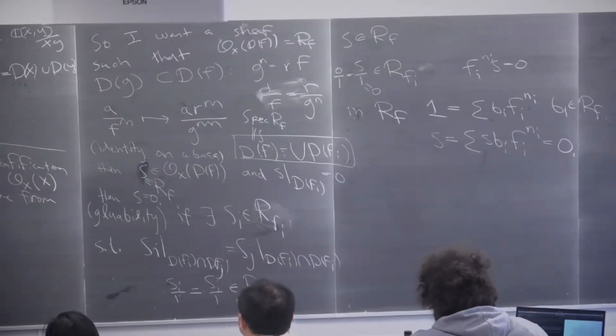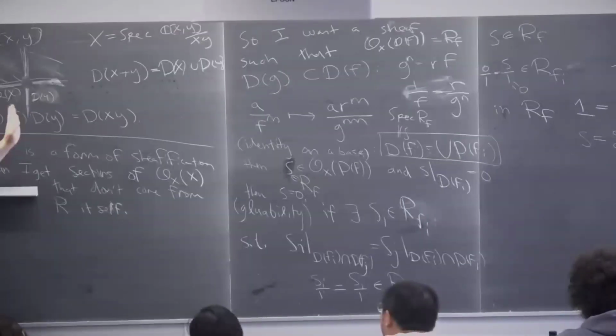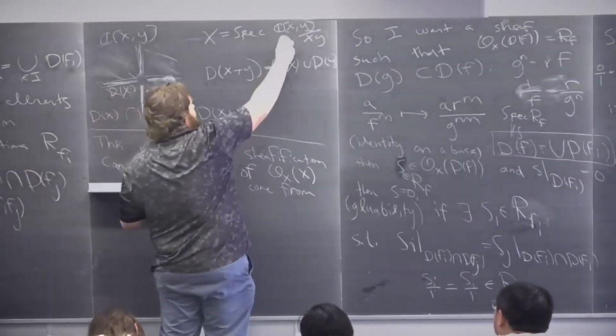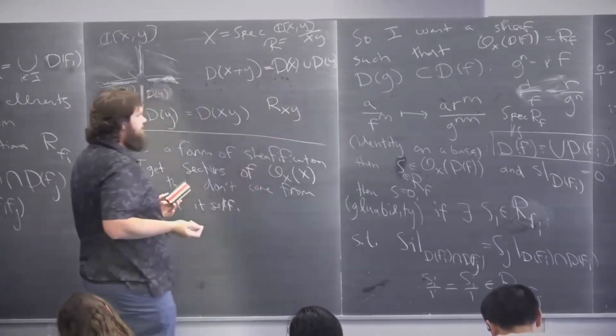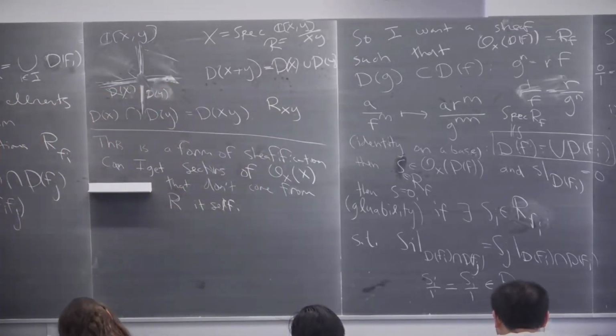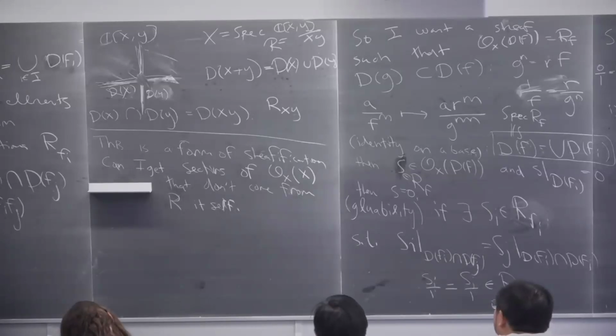So for example, in this example, what happens if I look at the overlap between Dx and Dy? There is none. If I call this R, and I invert x times y, I've killed the entire ring.